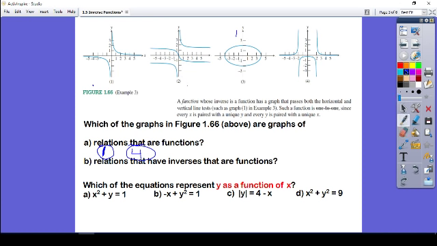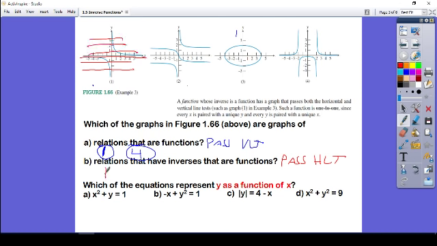All right, let's look at part B, relations that have inverses that are functions. So these have to pass the vertical line test. So if the inverses are functions, this has to pass the horizontal line test. So if you look at this, you can draw a horizontal line at any point and it would only touch the function once.